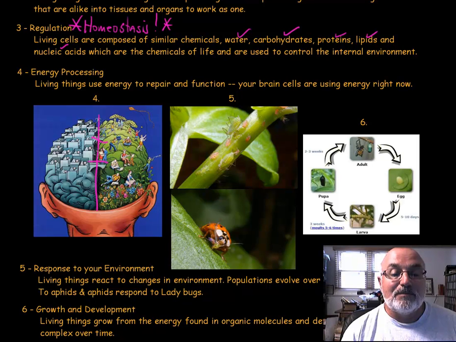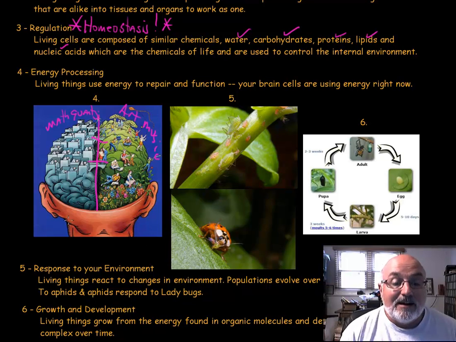Supposedly these colorful people are going to go back over for blue. This is the math and quantity side, so science spends a lot of time over here, and this is the art and music side. Okay, so that's processing energy.